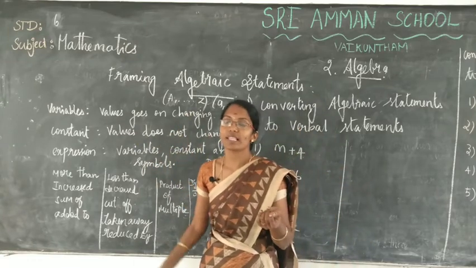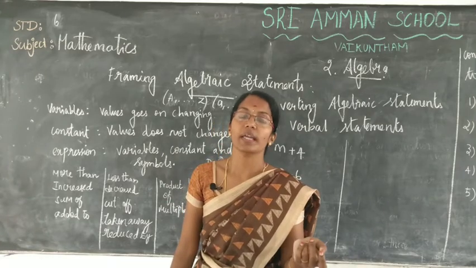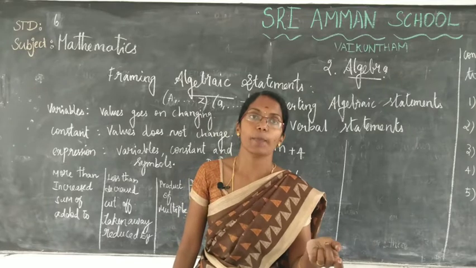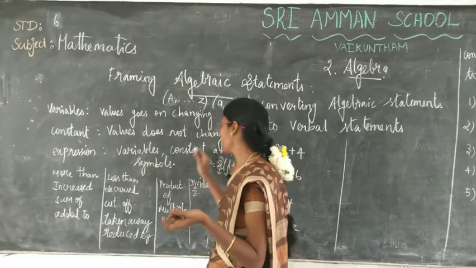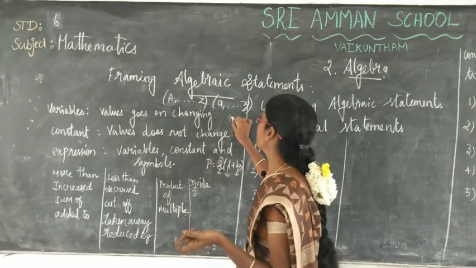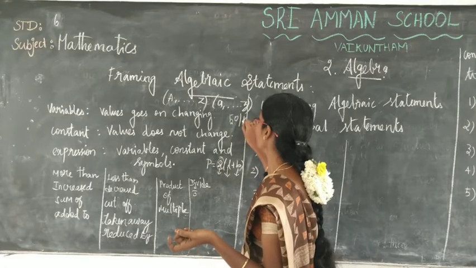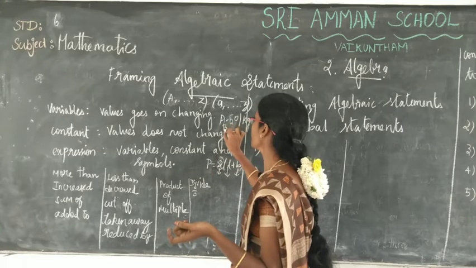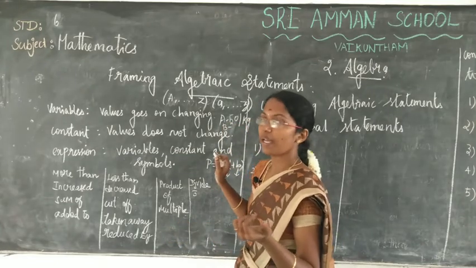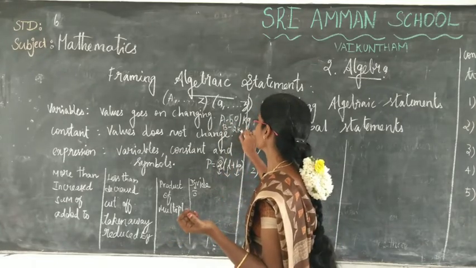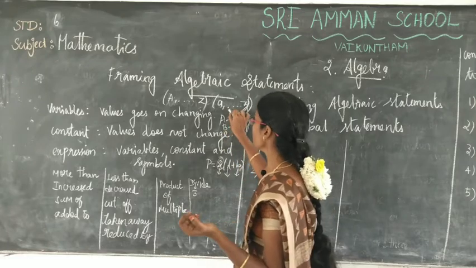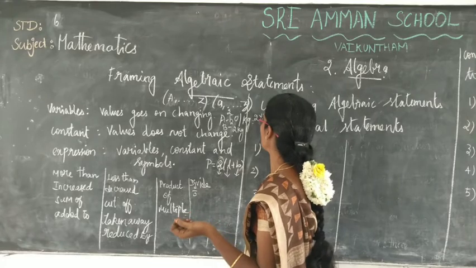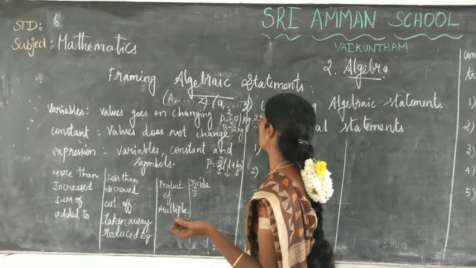For example, if your mother asks you to buy apple and banana from the market, she says that apple costs 50 rupees per kg. She asked you to buy 2 kg of apple, so 2 into 50 is 100 rupees.